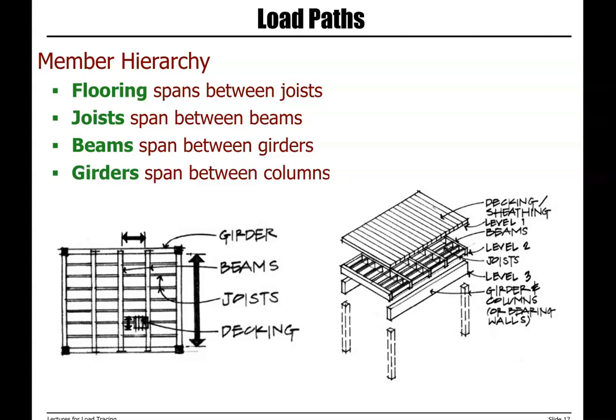So if we look at the plan in this slide, we have level 1, decking or sheeting. Then we have beams, joists, girders, and finally columns. So you need to make sure you pay attention to the connections, to the details, and follow the correct load path.